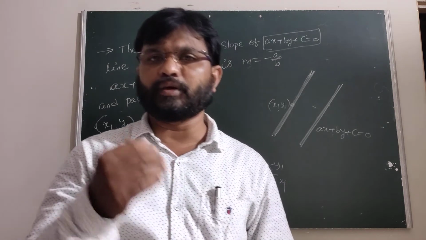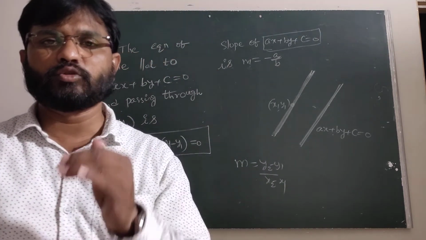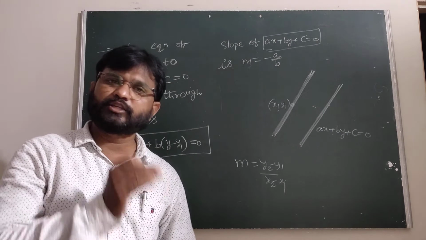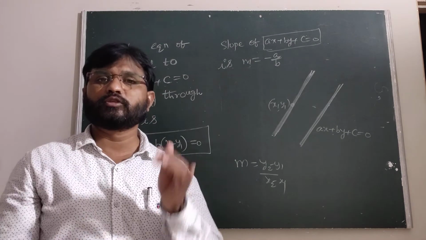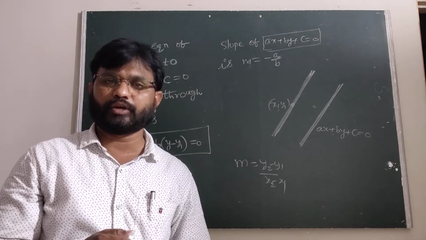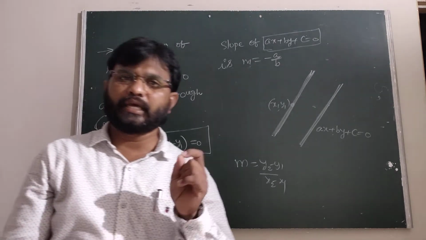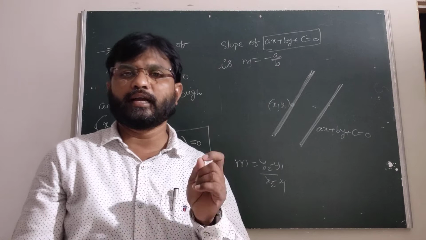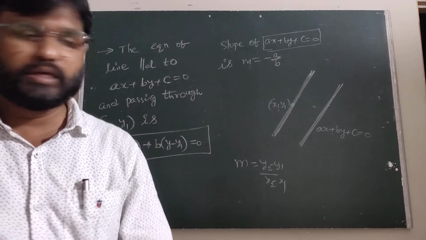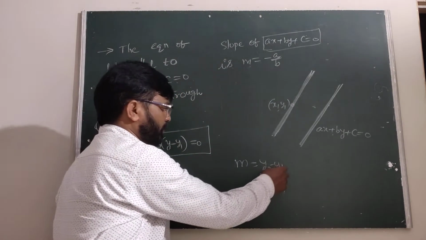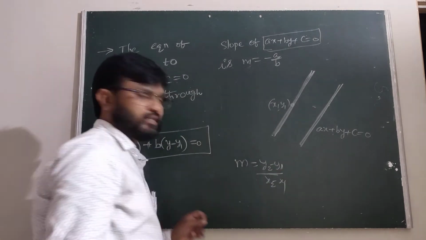If a line is parallel to the x-axis, its slope is also 0. If a line is parallel to the y-axis, its slope is undefined. Okay. At the same time, for the line joining A (x1, y1) and B (x2, y2), its slope is y2 minus y1 by x2 minus x1.